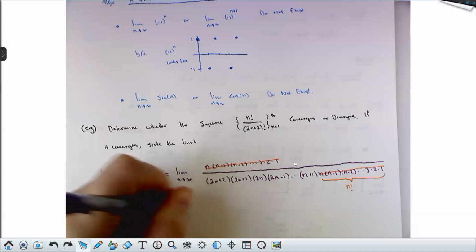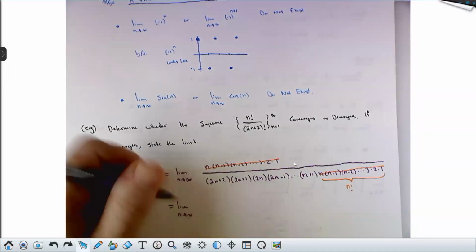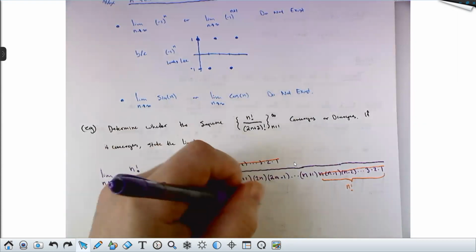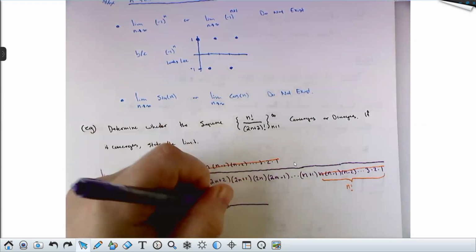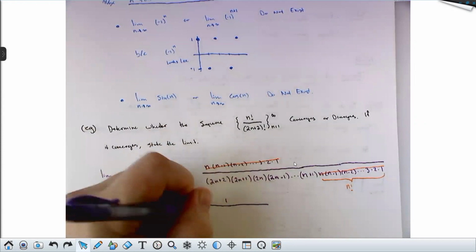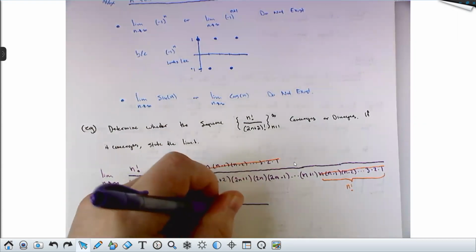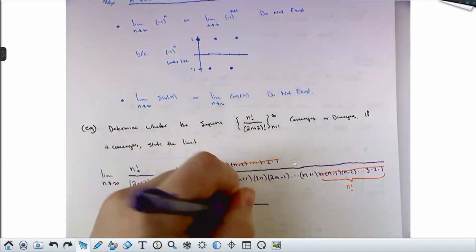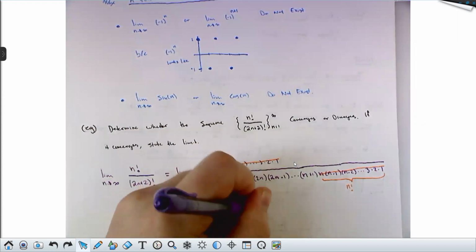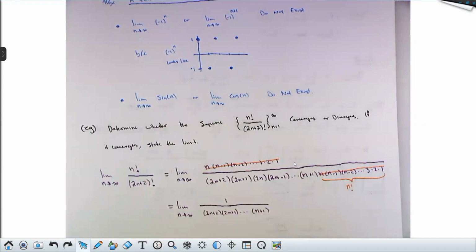And what I end up with here is the limit as n goes to infinity of 1 over all the stuff that didn't cancel, which is 2n plus 2 times 2n plus 1, and I'll just go all the way down here to n plus 1. So that denominator, after you cancel everything, is the product of all the numbers bigger than n and smaller than or equal to 2n plus 2.